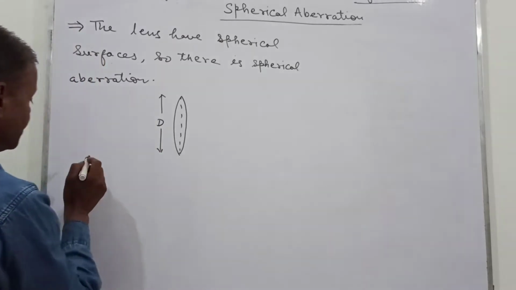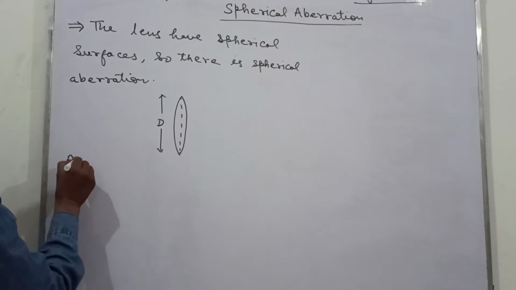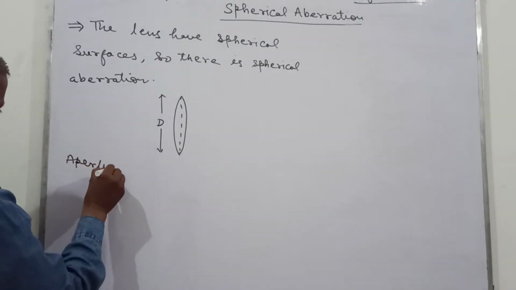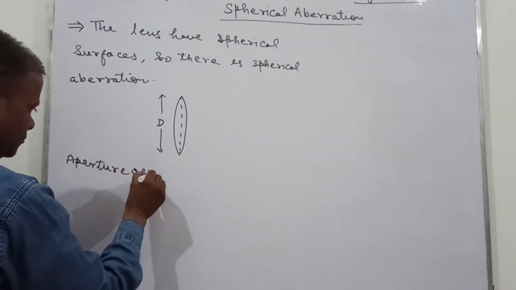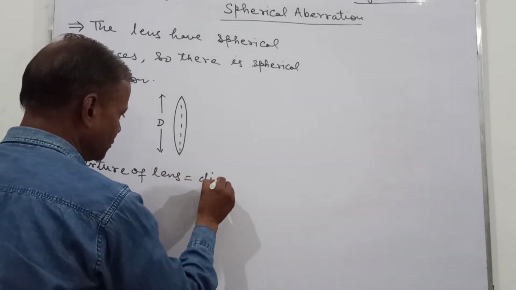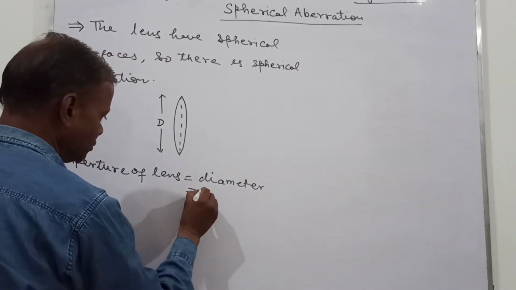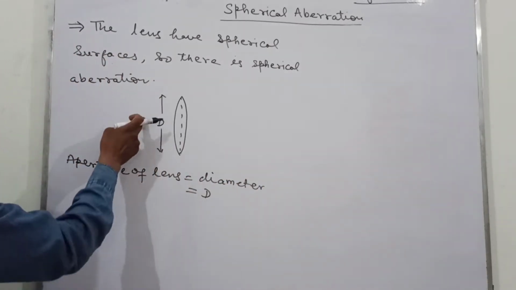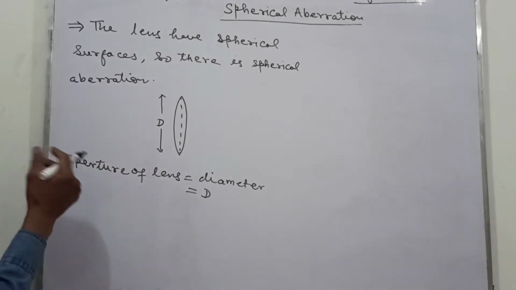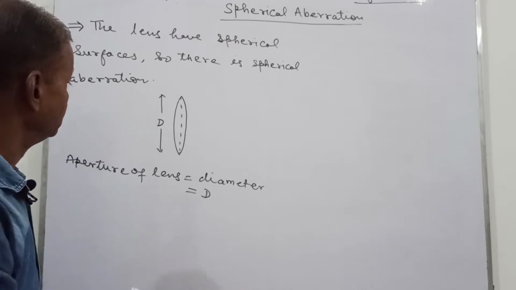So aperture of lens is equal to diameter. So that is equal to D. So this is what that we are having this D. Since there is aperture in the lens, so we are having this spherical aberration.